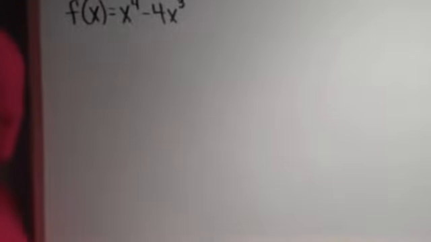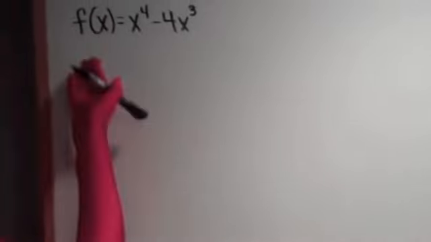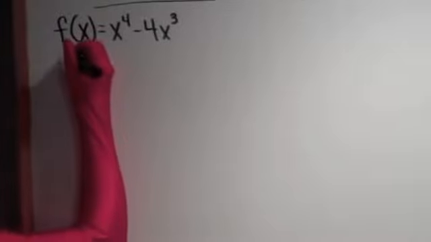Now we will do a cumulative review problem. We have the equation f of x equals x to the fourth minus 4x cubed. To find the relative extrema, we must first find the critical points. First, we find the first derivative.